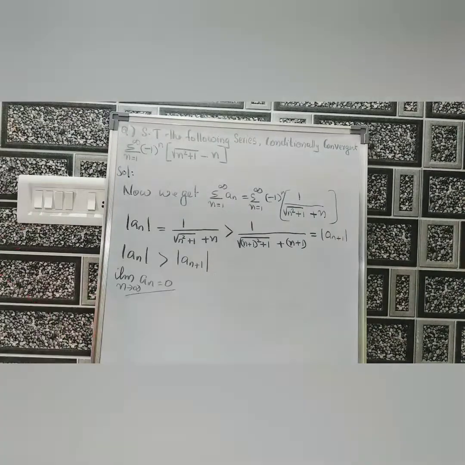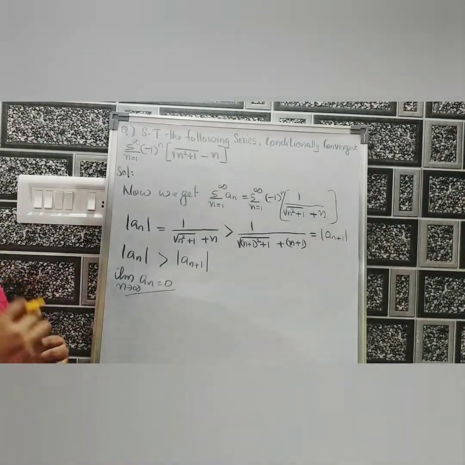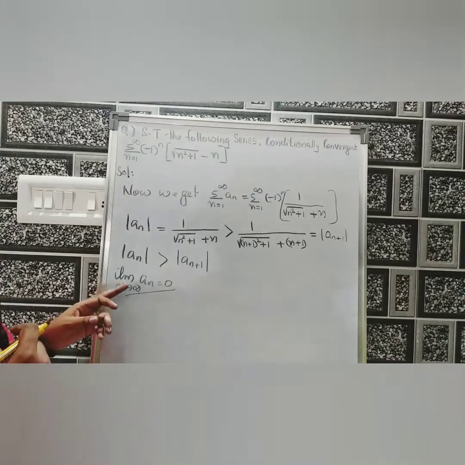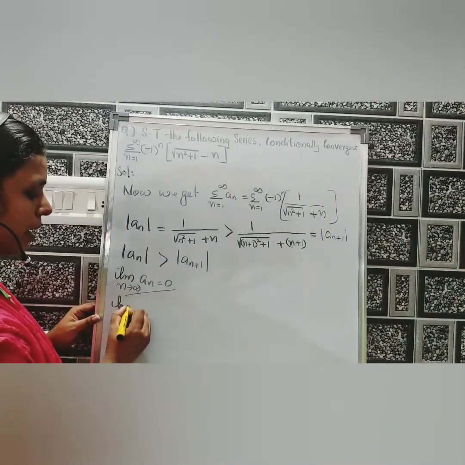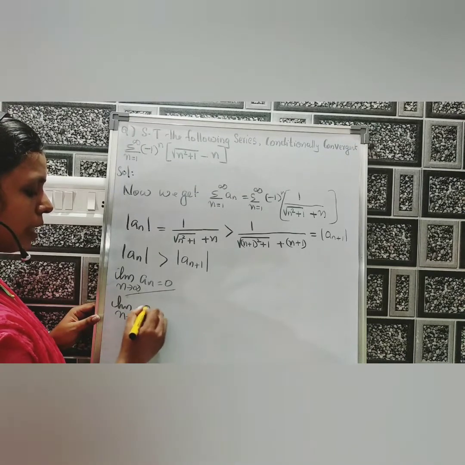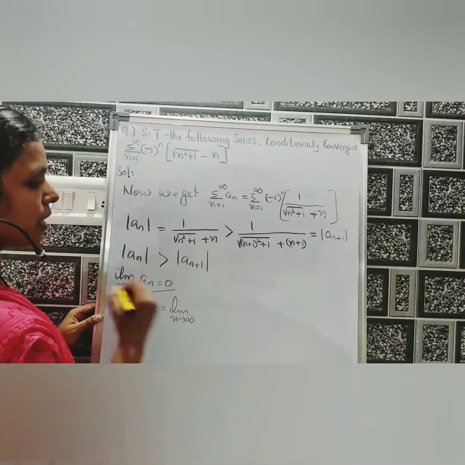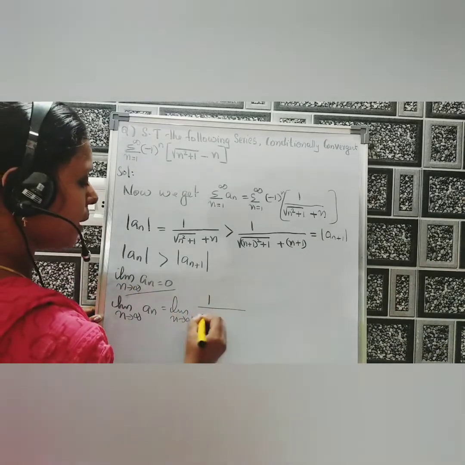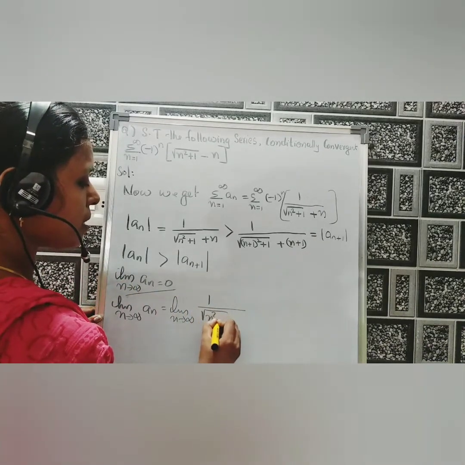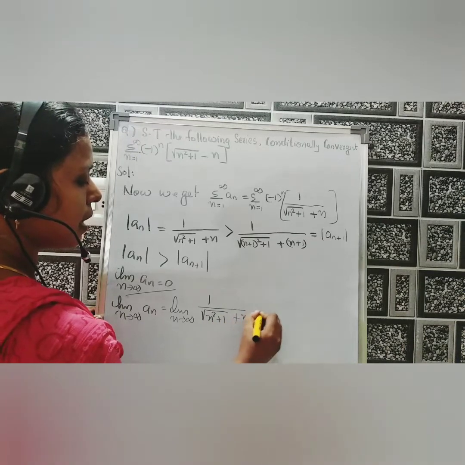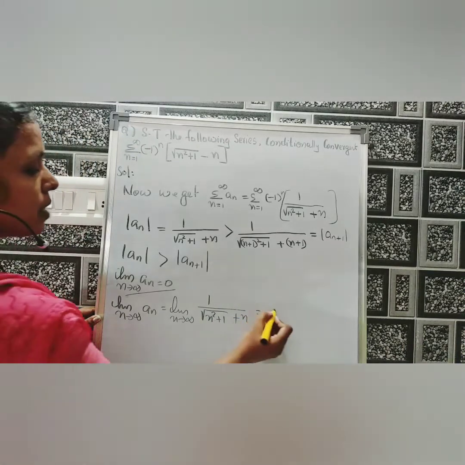By the alternating series test, the third condition is limit n tends to infinity a n is equal to 0. Here a n is 1 divided by root of n square plus 1 plus n. Applying the limit we get 0.